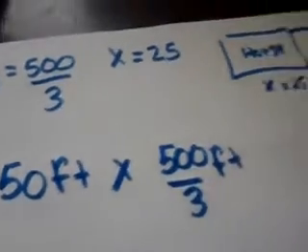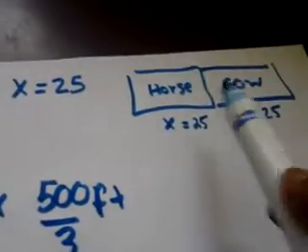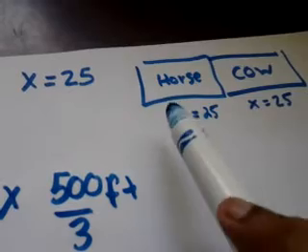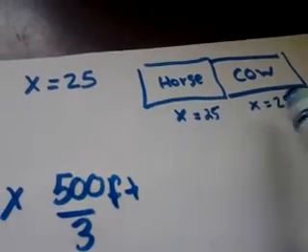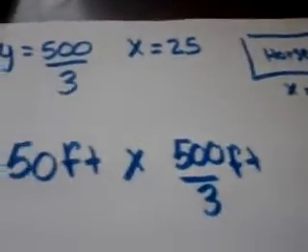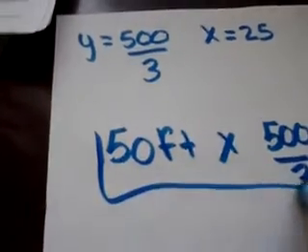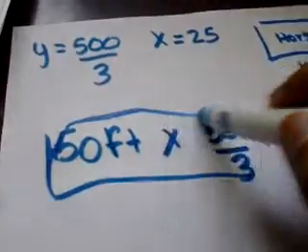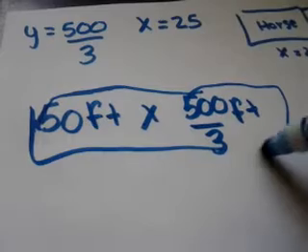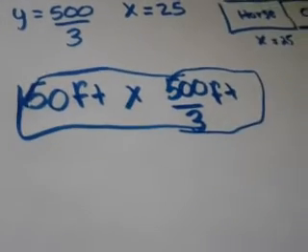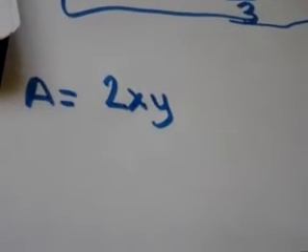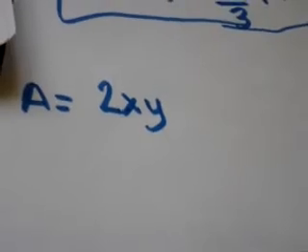It's 50 feet because x equals 25, and as shown in our setup, the length will be 50 in total. So then here's our first dimension.